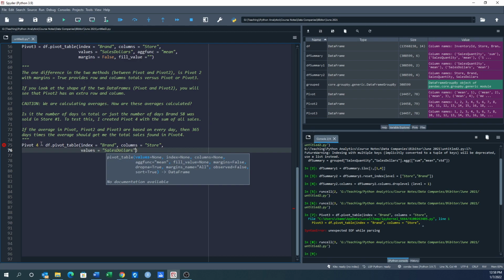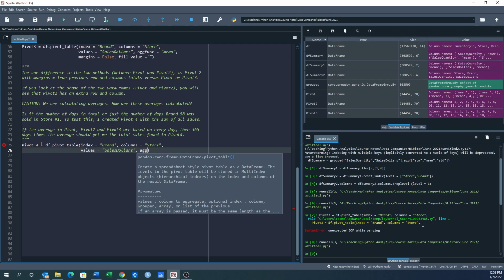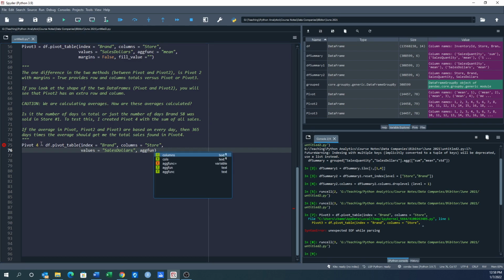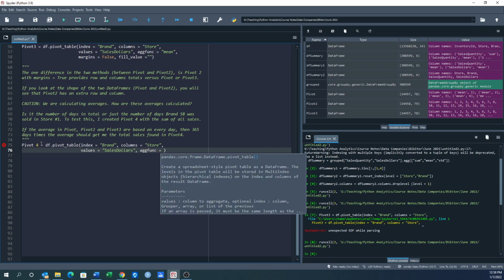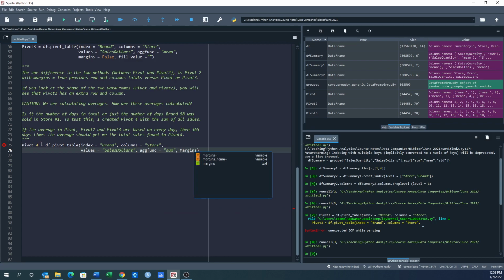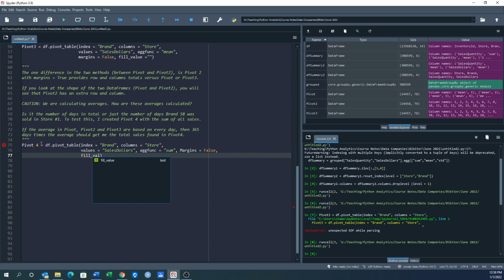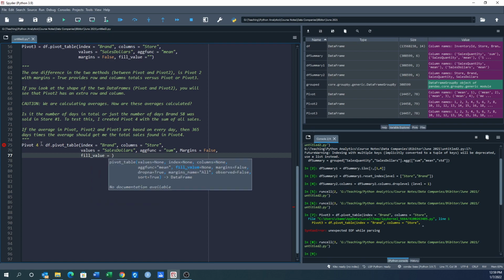We want the aggfunc to equal sum, margins equal false, and fill value equal to nothing.